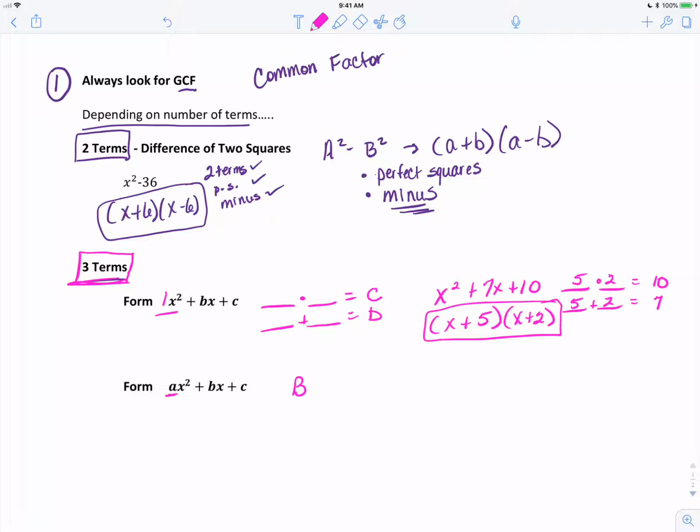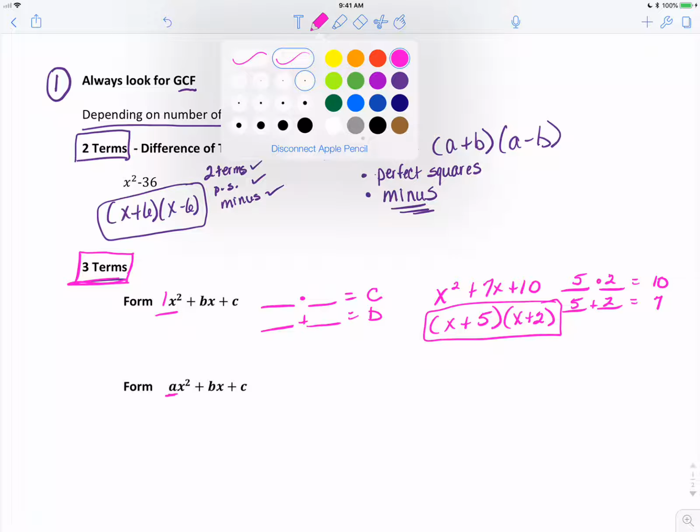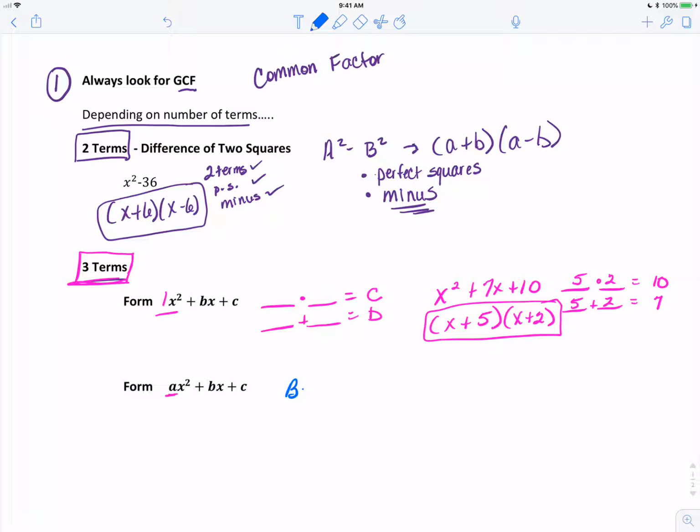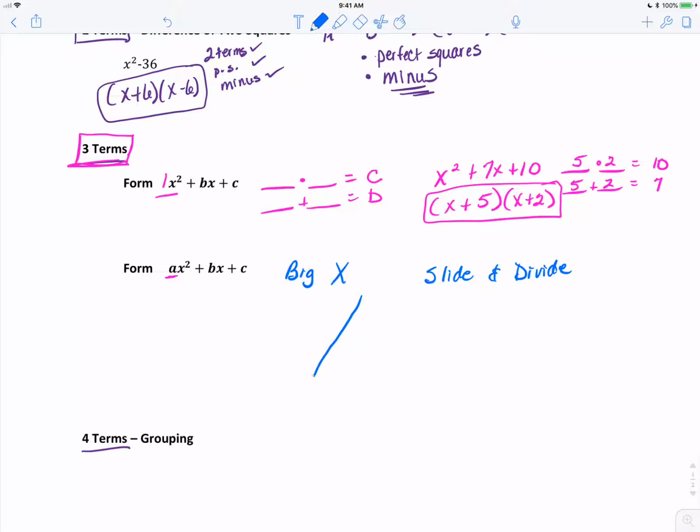So we either did the big X method, or we did our slide and divide method. Big X again was a times c, the b term, divide by a.